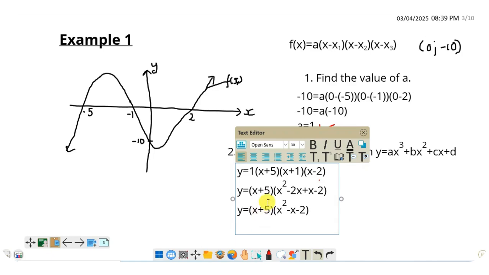Now I proceed from here and multiply everything out and expand.